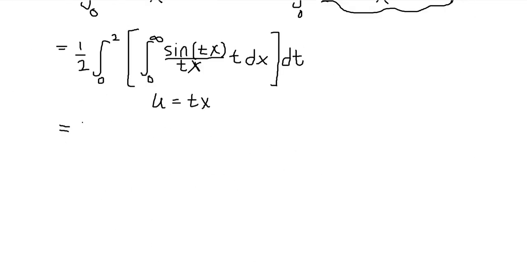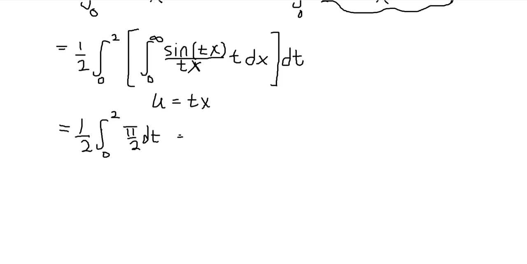In other words, the original integral we were trying to find is 1/2 the integral from 0 to 2 of pi over 2 dt. And this is just a constant. So the integral of a constant is just the constant times the length of the bounds, which is 2.